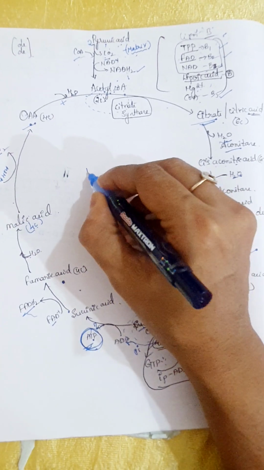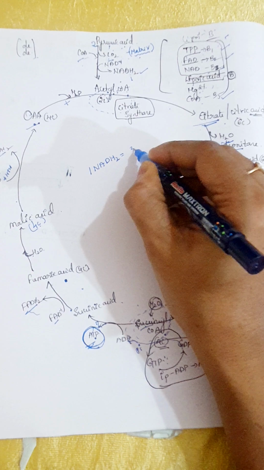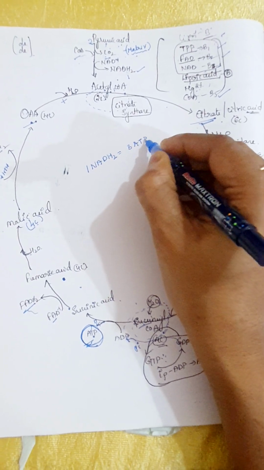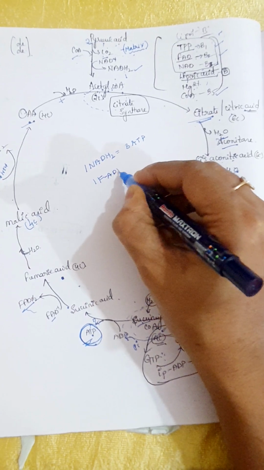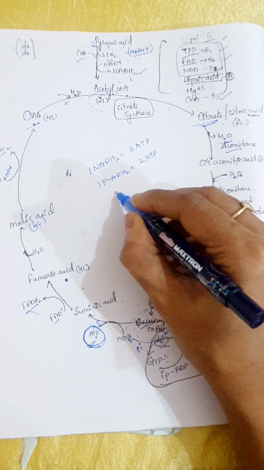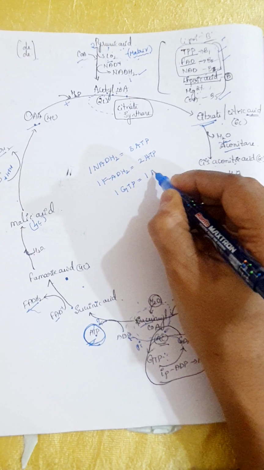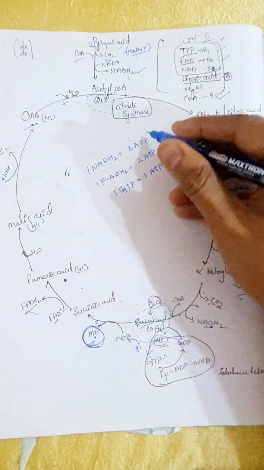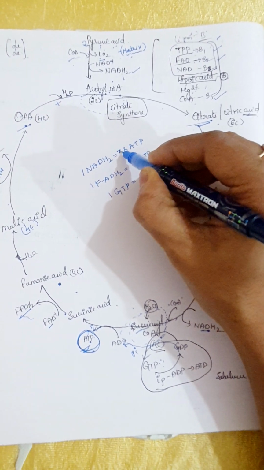And we know that 1 NADH2 is equal to 3 ATP, 1 FADH2 is equal to 2 ATP, and 1 GTP is equal to 1 ATP. Now, how many NADH2 have been produced? 3 of them in the Krebs cycle.